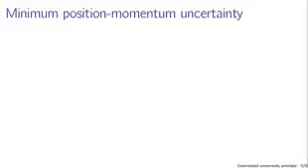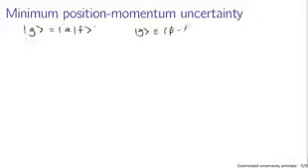Let's consider that in the context of position momentum uncertainty, just to make this a little more concrete. We have this notion that our vector g is imaginary unit times some real number times our vector f. Now in the language of position momentum uncertainty, this vector g is going to be p hat minus expectation of p times our state.